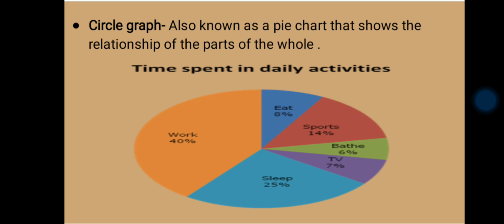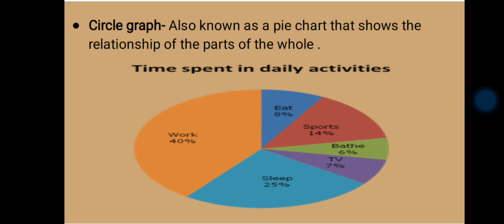For example, if you're looking at the pie chart of your day, the whole pie represents your entire 24 hours. And each slice shows how much time is used for different activities. For example, one slice could represent how much time you spend sleeping, another could be working, and another could be eating. So, each slice often has a different color, making it easy to tell one part from another. So the example below is how much time you spend in daily activities.